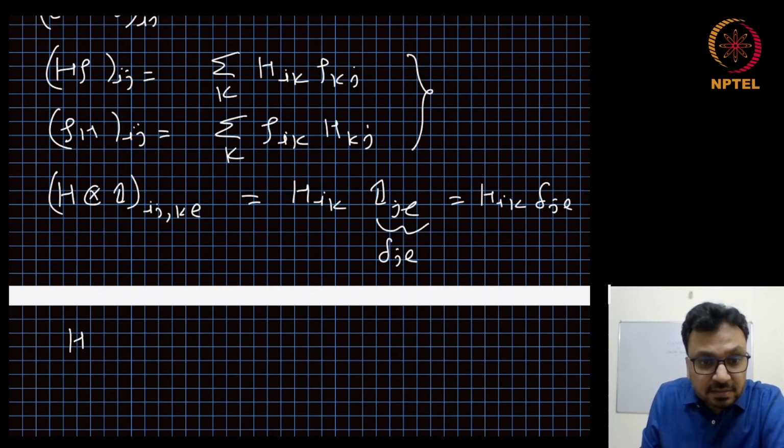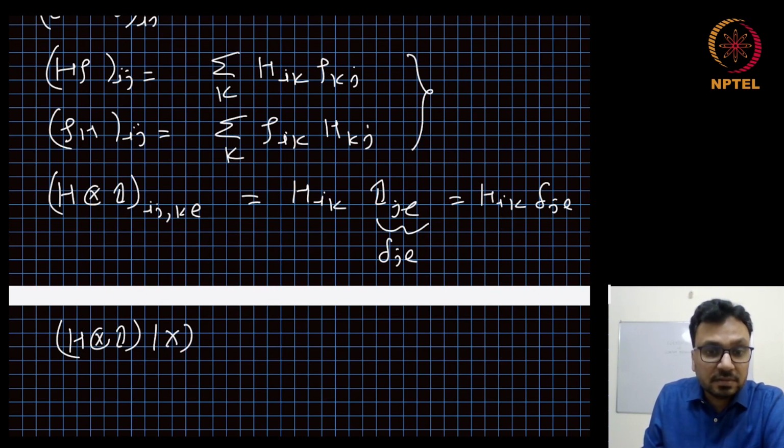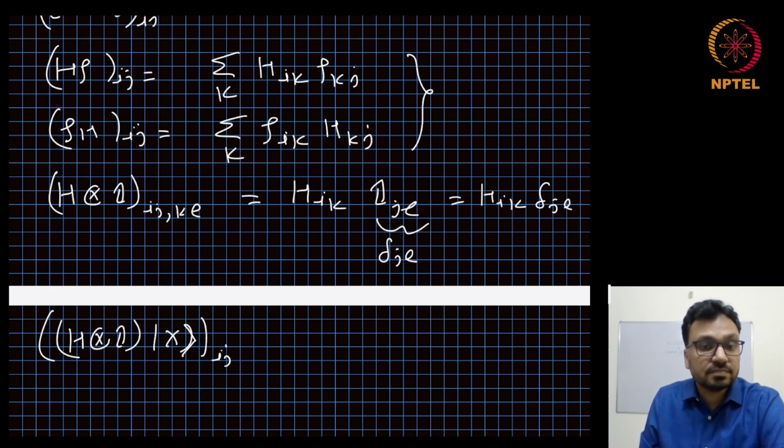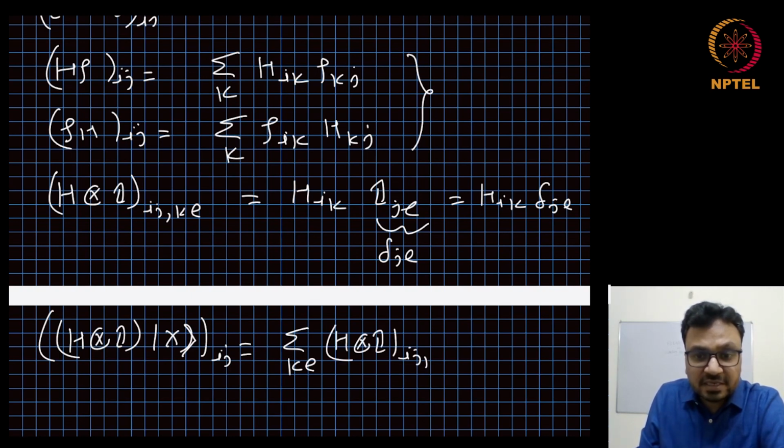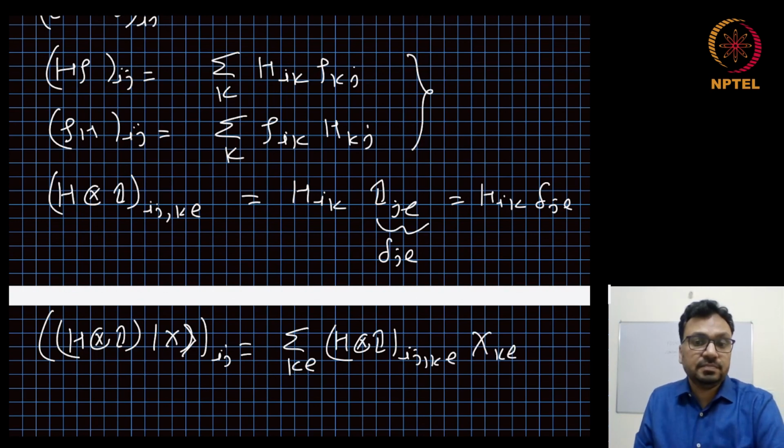If we say H tensor identity acting on a vector x, what is the ijth element of this? It will be sum over kl of the ij kl element of H tensor identity times xkl. This is a matrix acting on a vector.